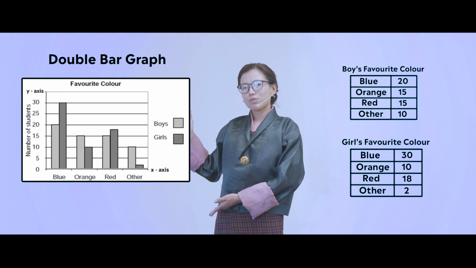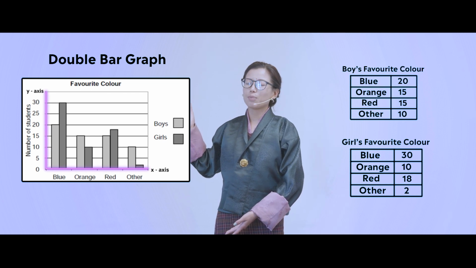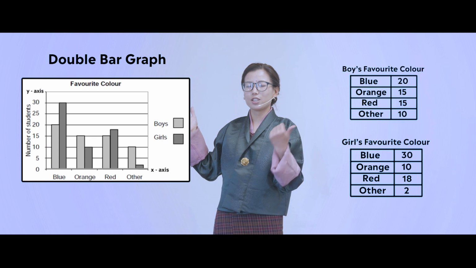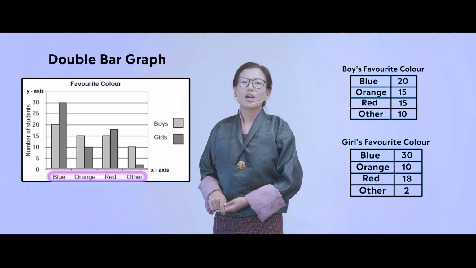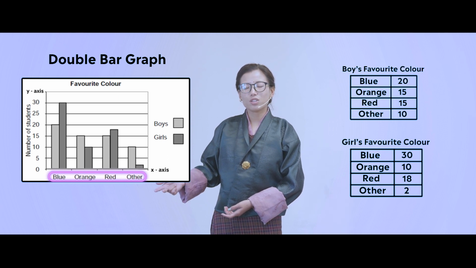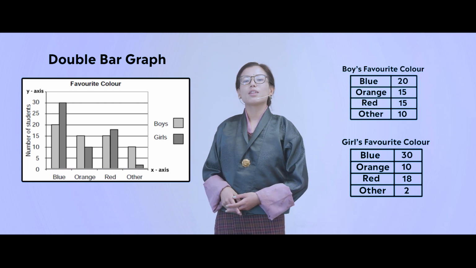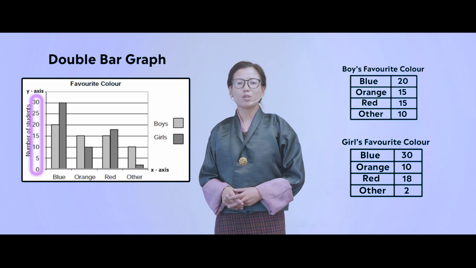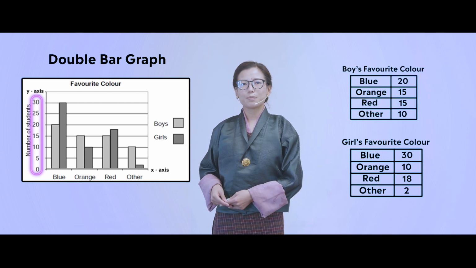Now this graph also has the x-axis and y-axis like the bar graph we saw earlier. The x-axis here represents the colors blue, red, orange, and the other colors. And the y-axis shows the number of boys and the number of girls who chose those particular colors.